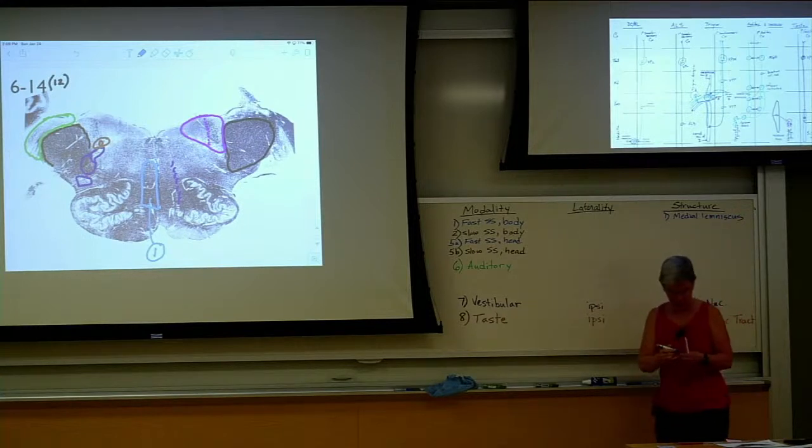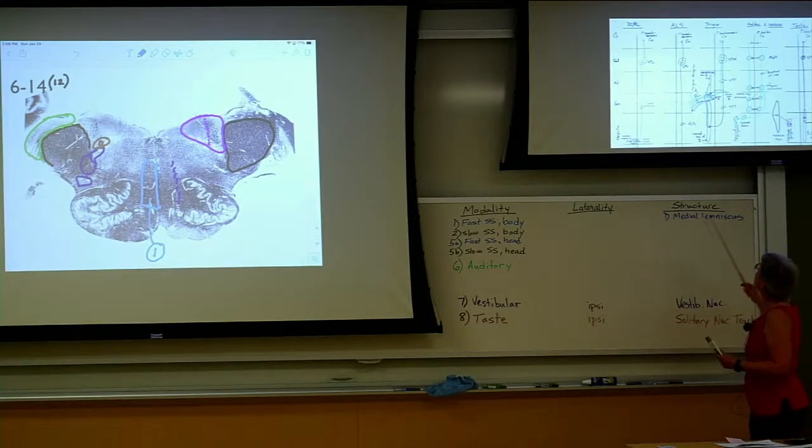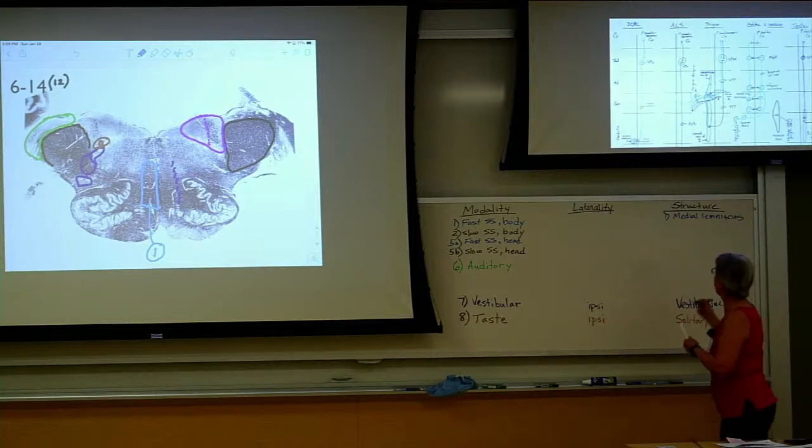Is this information, the fast somatosensory information in the medial lemniscus, does it originate in the ipsilateral body or the contralateral body? Pause if you need to. The contralateral body is where it's coming from.